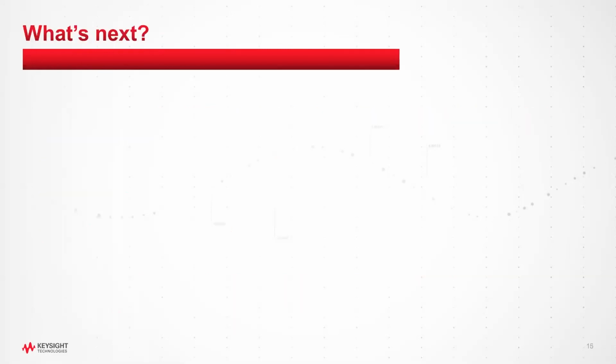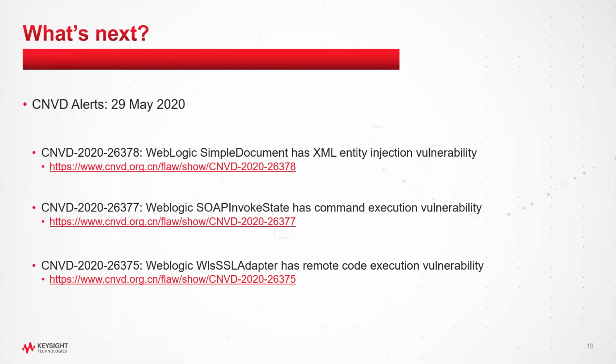patches. So what's next? At the end of May, the China National Vulnerability Database raised some critical alerts that indicate the existence of 0-days, and these are undisclosed by Chinese researchers. Maybe after the patch is released, we will see CVEs and public POCs for these vulnerabilities.